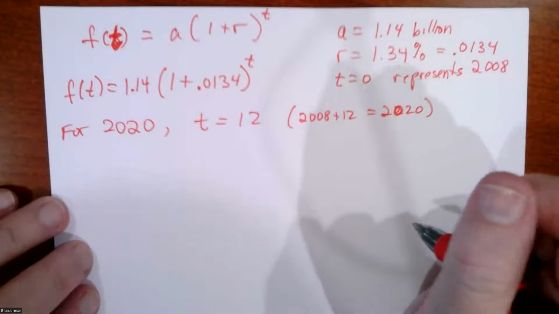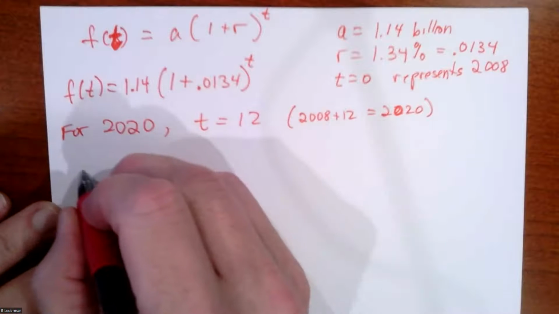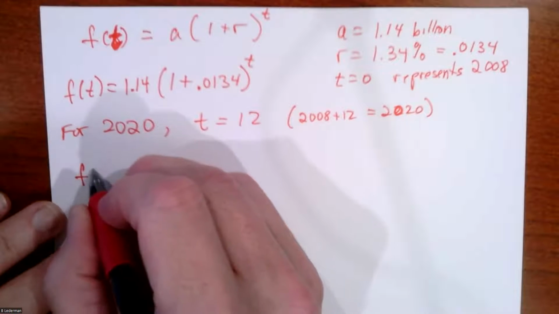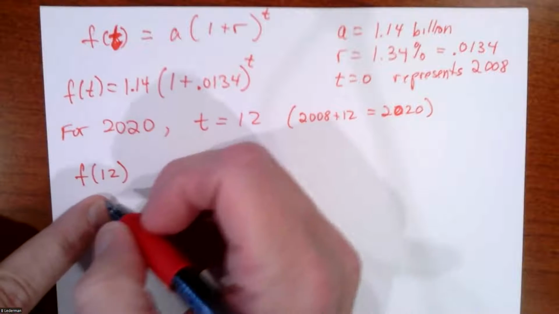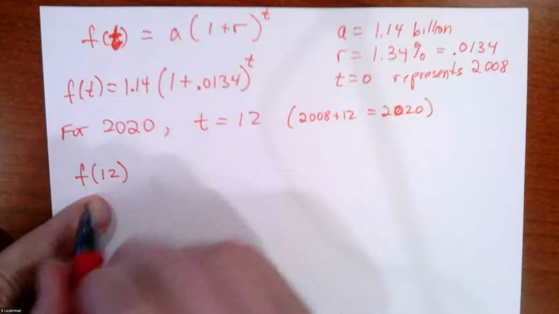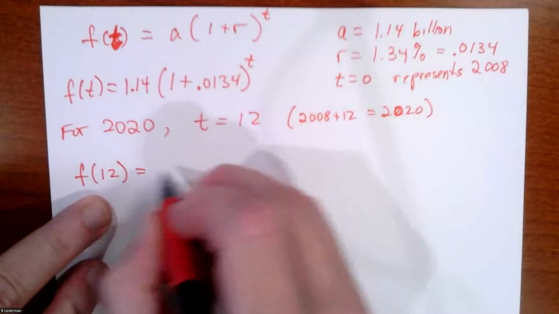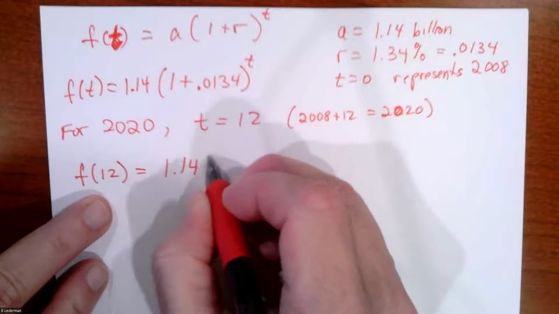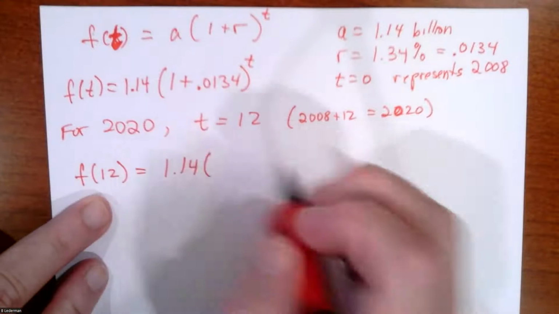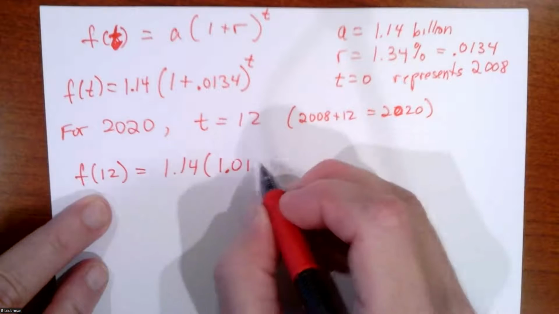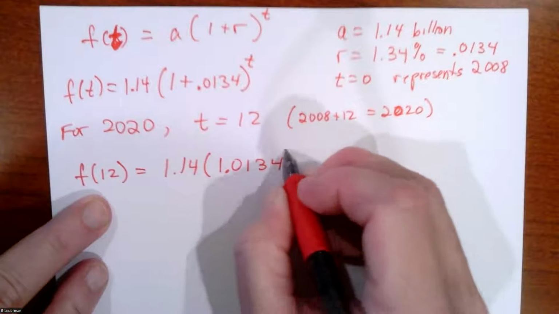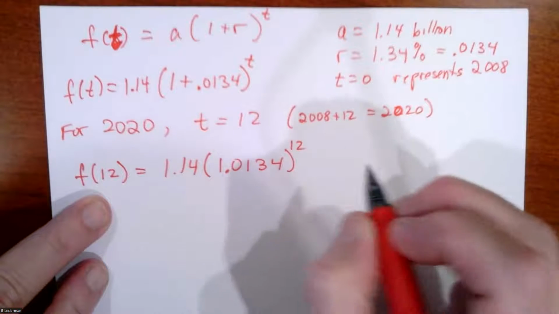So f of 12, which means 12 years after 2008, equals 1.14 times 1.0134 to the 12th power.